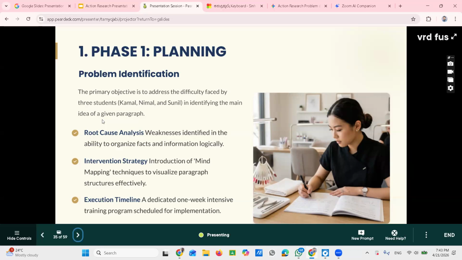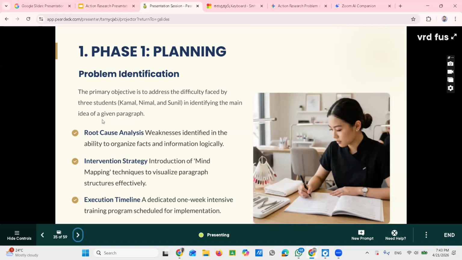Then once you identify the problem, you want to analyze the reason, the root cause analysis. You want to find out the reasons and analyze them. In this example, a weakness was identified in the ability to organize facts and information logically.